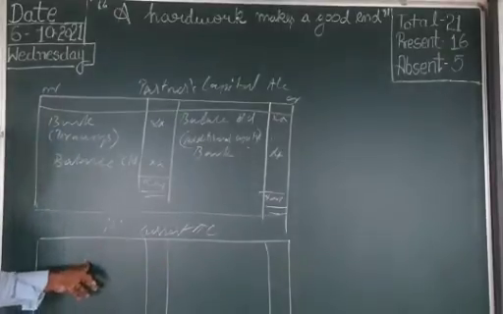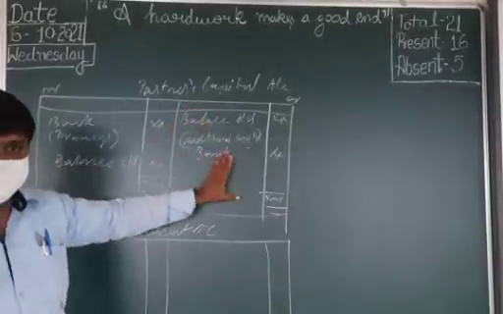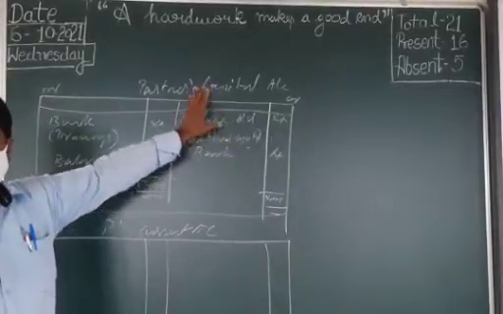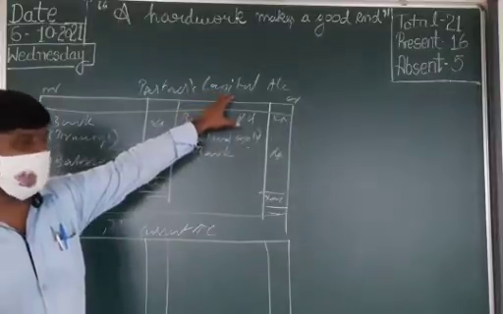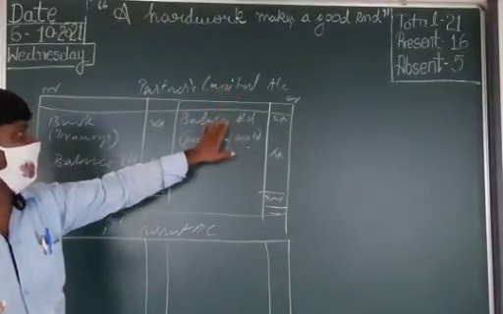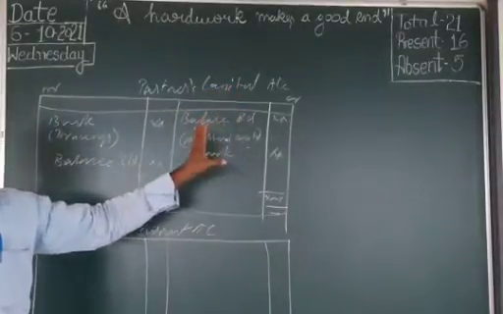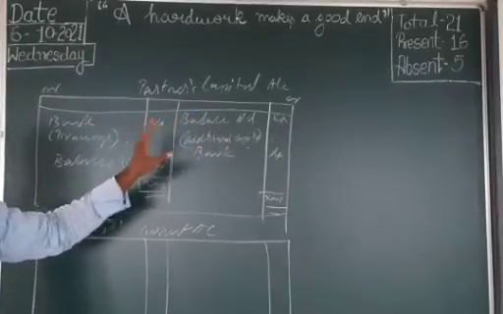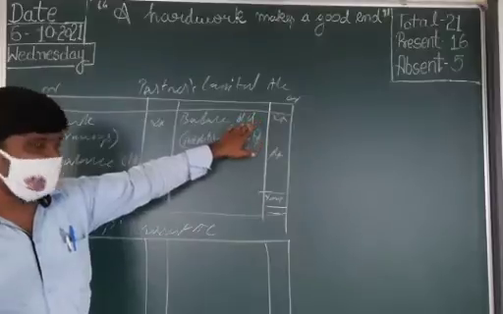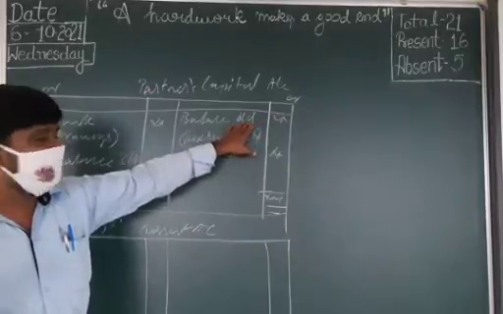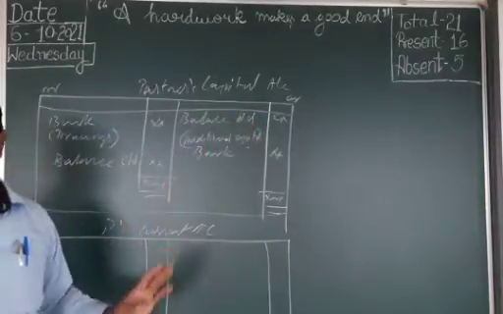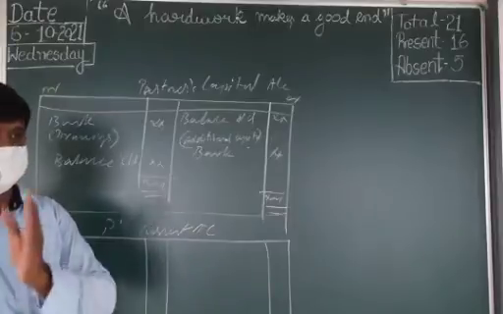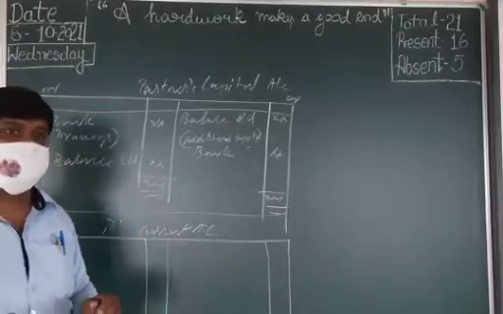If the partner's capital account is there, the balance will come on the credit side itself, as I already said at the beginning. If there is no balance on the credit side, then that partner is not considered a partner. He or she has already exited from the partnership.